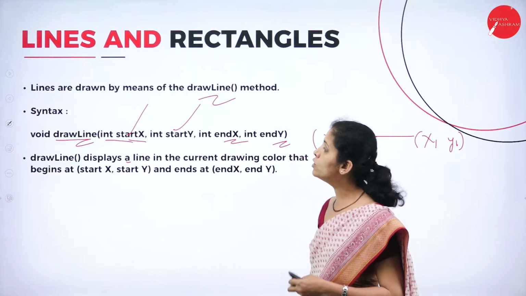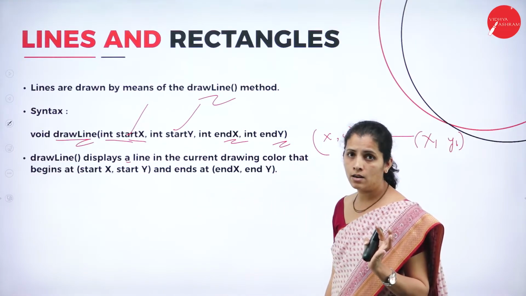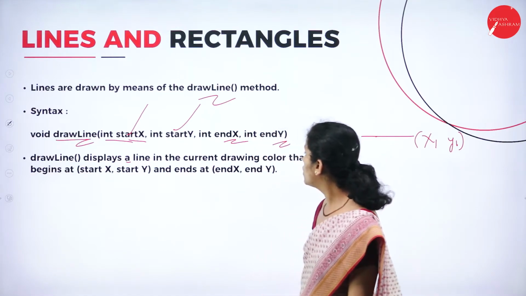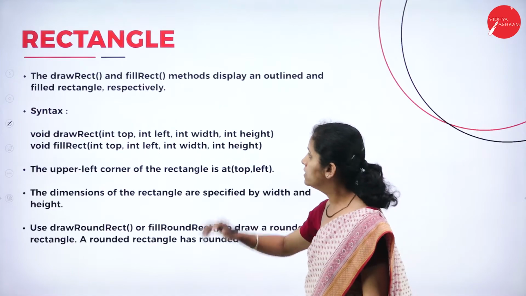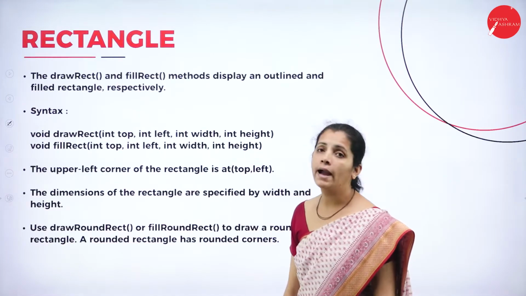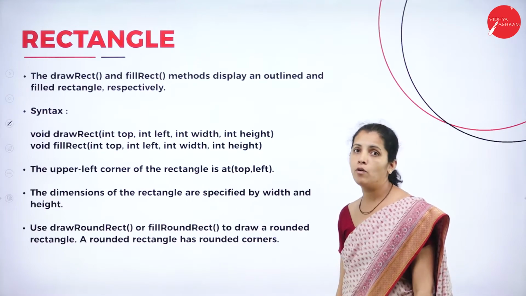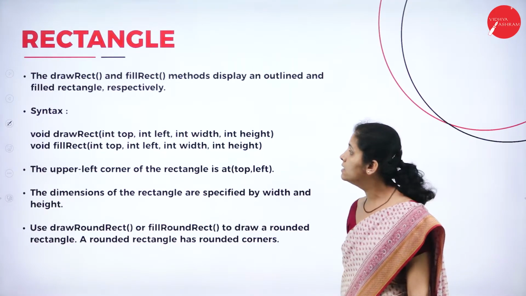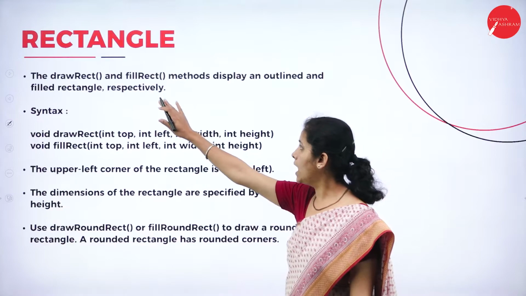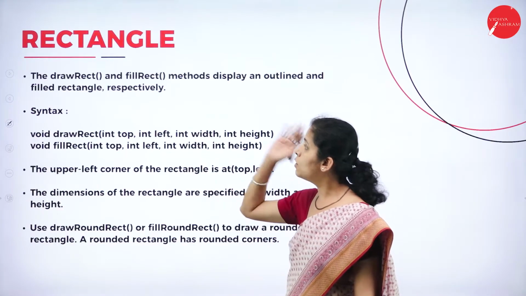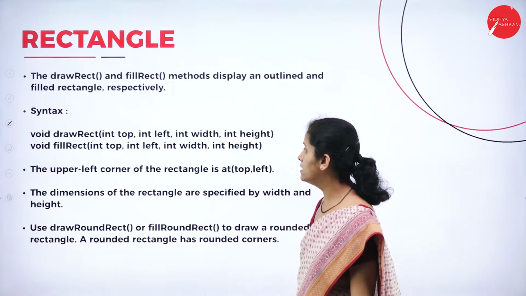If I want to display any line, then I'm going to use the method drawLine. And here I'm going to have another method for the rectangle. Suppose I want to draw the rectangle, then I'm going to call the method called drawRect.